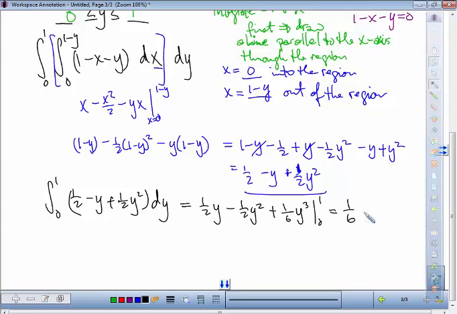Boy, I don't want to do that again. I mean, compute integrals. All right, any questions? Okay, so we got a small volume for this tetrahedron.